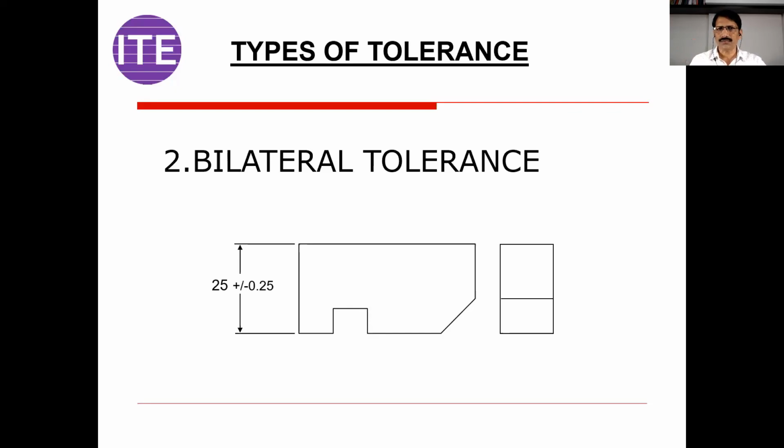But here, friends, one important thing, as I already told you: when you see any tolerance value, it is not just the tolerance value. You have to visualize how you are going to produce this component, which manufacturing process. Most of the time you will find that when you are providing tolerance to a particular hole, it is unilateral tolerance.